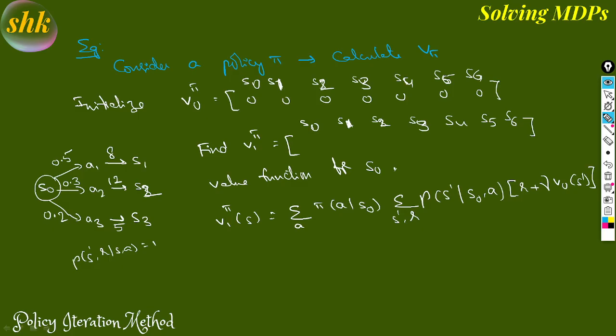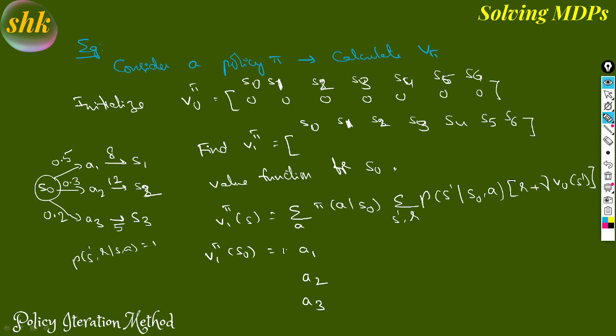So for the S0 state, we will write this expression as V1 pi of S0, which is equivalent to, now here we are taking a total of 3 actions. So we can write it as a summation, right? As we are taking 3 actions, we are going to find out for action A1, as well as for action A2 and action A3.